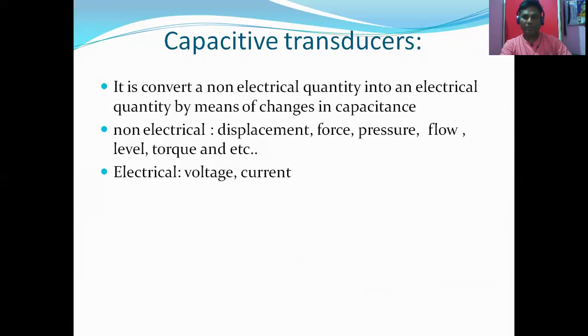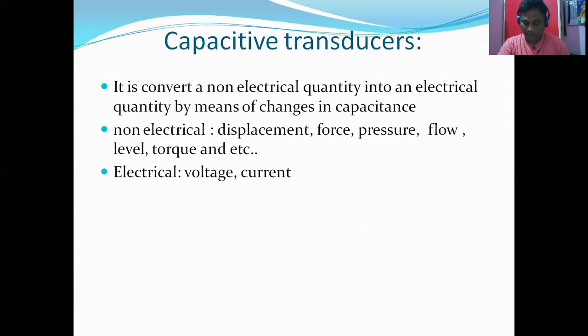Examples of active transistors are thermoelectric, piezoelectric, photovoltaic, magnetic, electrochemical, electromagnetic, photoelectric, then galvanic. These are examples of active transistors.